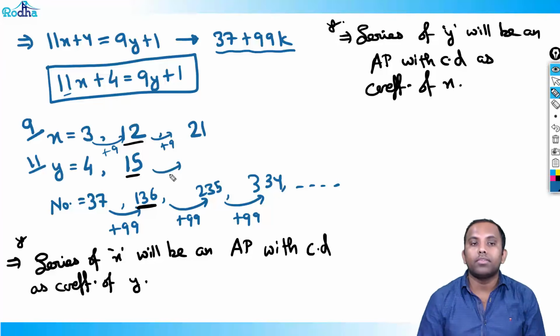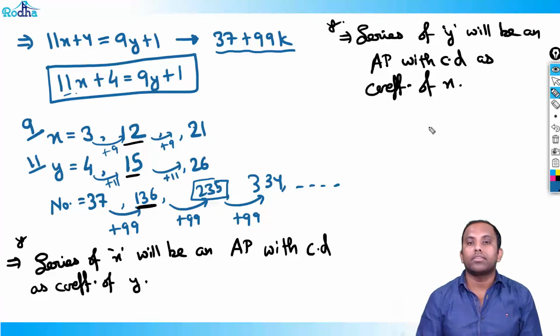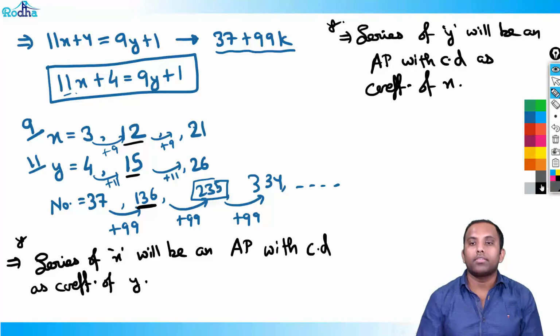What is 15 plus, now it is 11, right? What is 15 plus 11? 26. Okay. So by putting x as 21 or y as 26, what is the number? Number will be 235. You can see here, 21 into 11 plus 4, 235. So it goes like this. Okay. x as 21, y as 26, number 235.